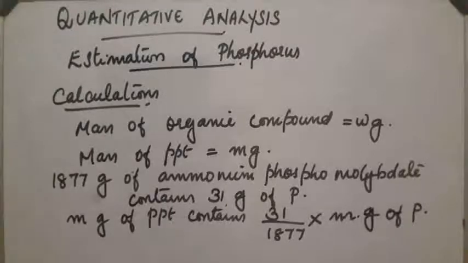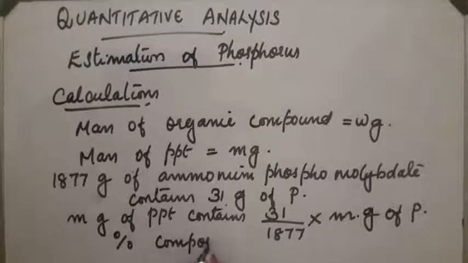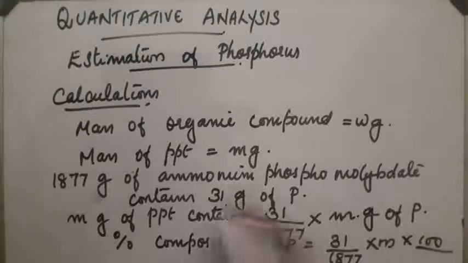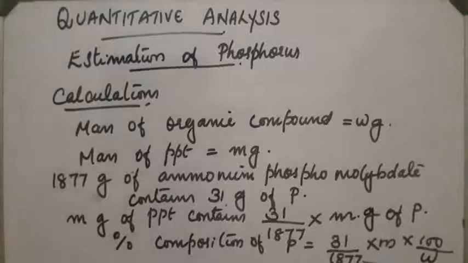The percentage composition of phosphorus is equal to 31 by 1877 into m into 100 by the weight of the organic substance. Like this we can calculate the mass of phosphorus present, or the percentage composition of phosphorus. This is one method. There is one more method.